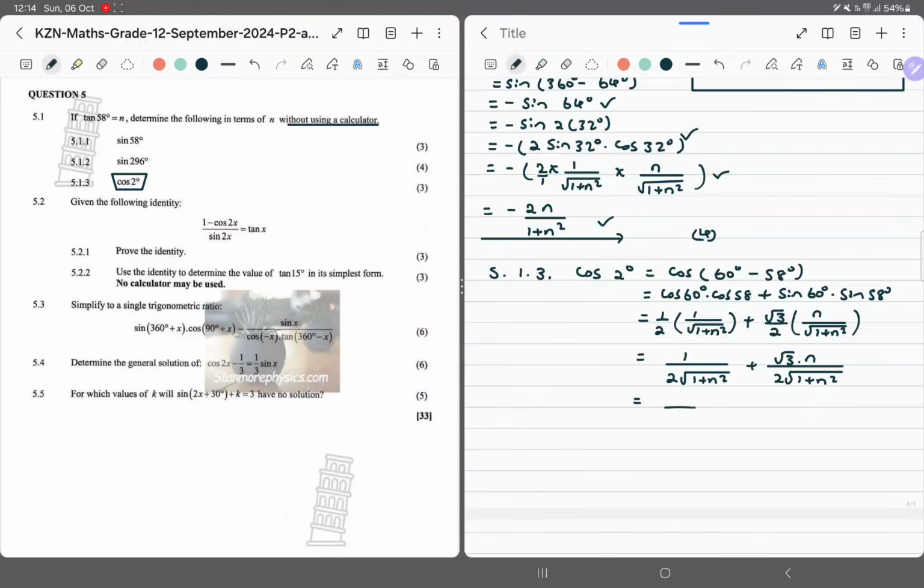Now we've got a common denominator here, which is 2 square root of 1 plus n squared. Now this is just going to be 1 plus root 3 times n. Okay, and that's it. We cannot further work this out, so we are done.